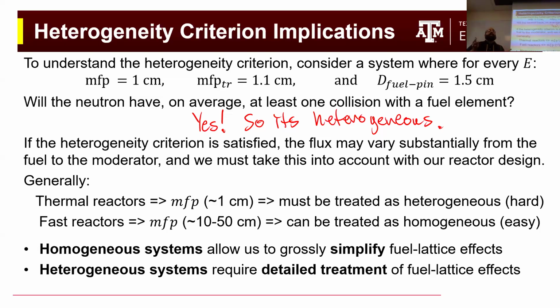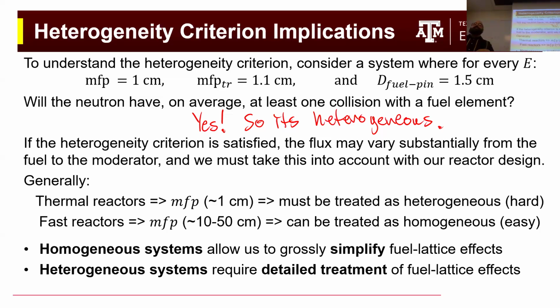It means that in a fast reactor, as you go from the fuel to the coolant, the flux isn't varying nearly as much as it would in a thermal reactor going from its fuel to its moderator. So when we model a fast reactor, it's actually a lot easier. If you have a homogeneous system, you can simplify the fuel lattice and these different regional effects by averaging everything out in a very simple way.